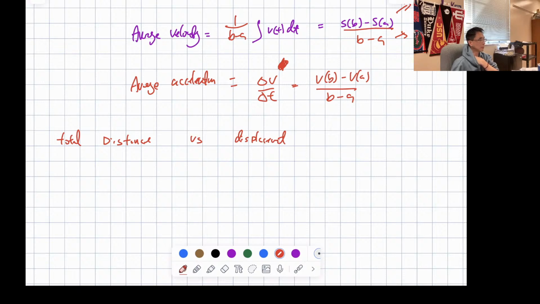Caden? Total distance is the amount of distance that you have moved over a certain time period. Displacement is how far you have moved compared to your starting point, right?